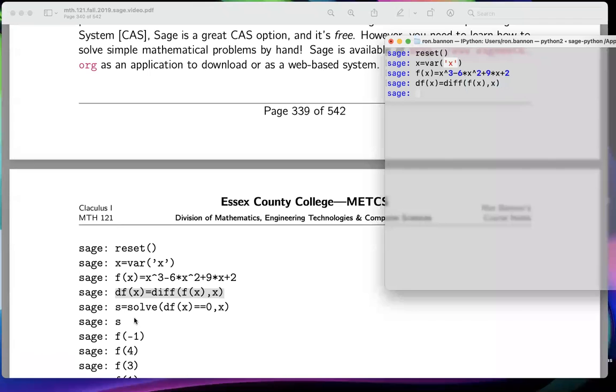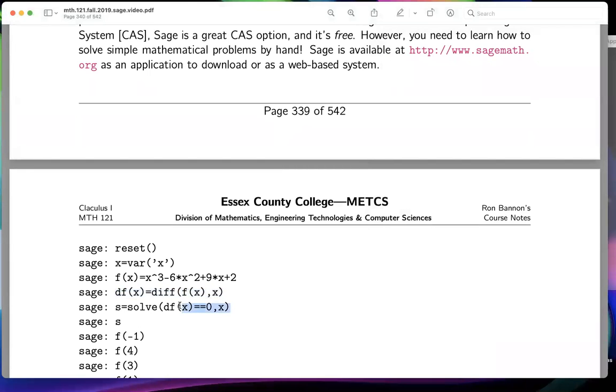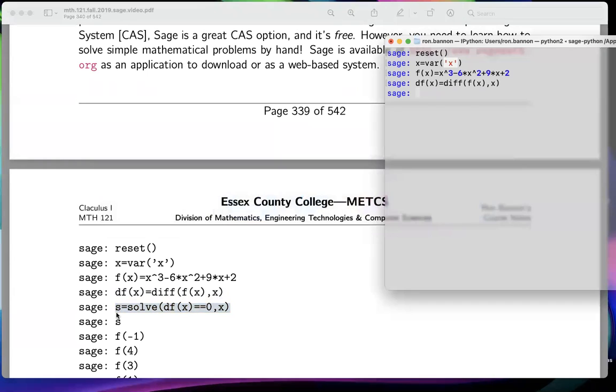So that's done. Let's talk about this line of code over here. It's solving the equation where the derivative equals 0, and it assigns the solution to S. What is assigned to S? Let me just type S in for you and show you. That might look strange to you.